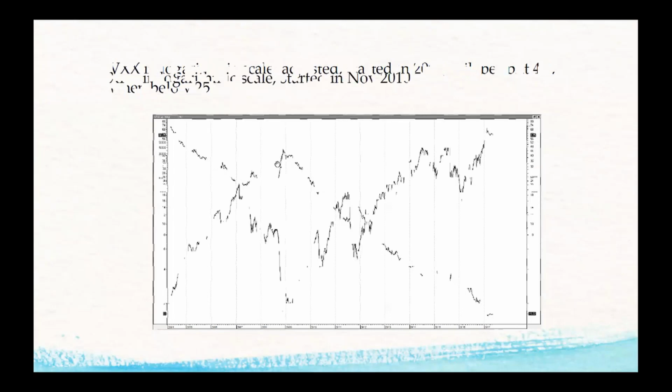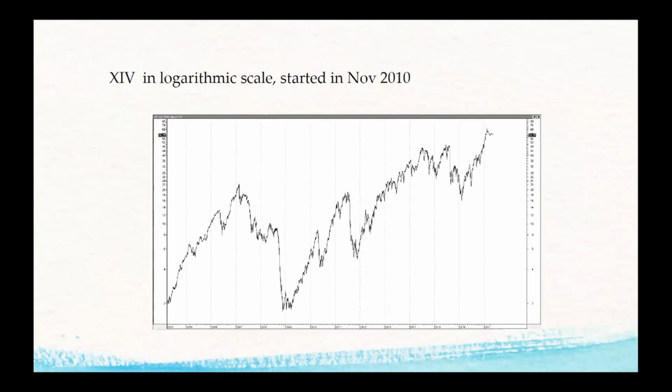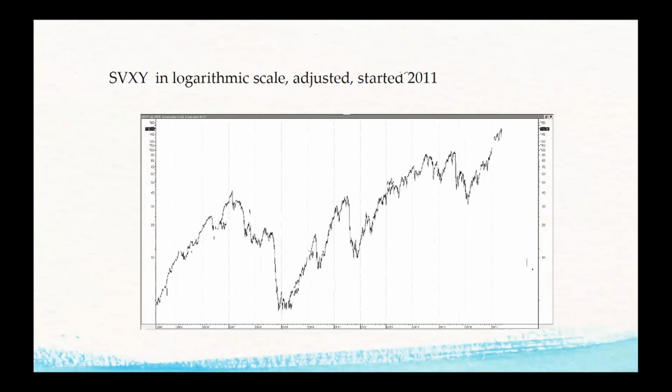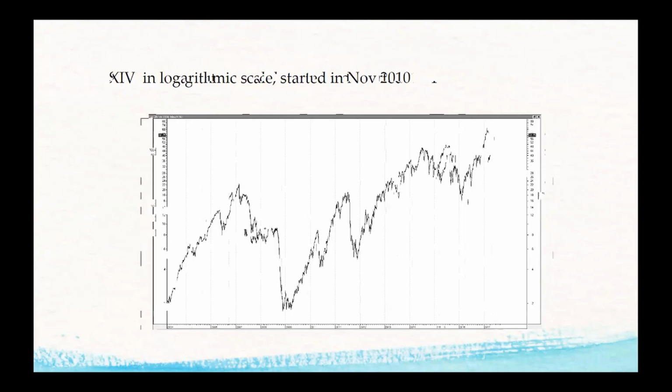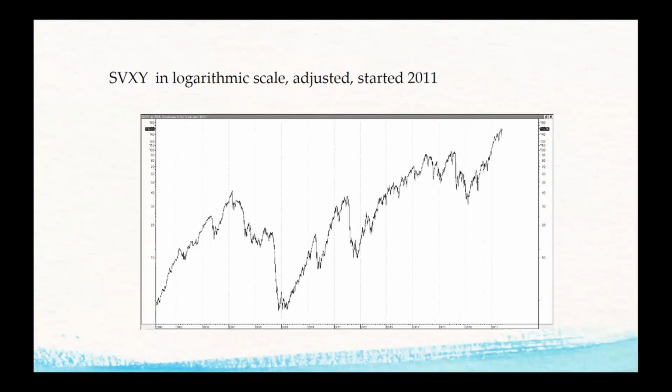The other one is the XIV in logarithmic scale, started in November 2010, and it was calculated back to 2004. And this is the SVXY in logarithmic scale, similar to the XIV. It's also adjusted and started at 2011.